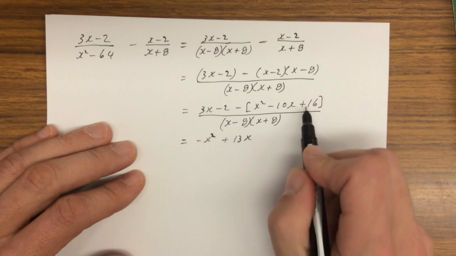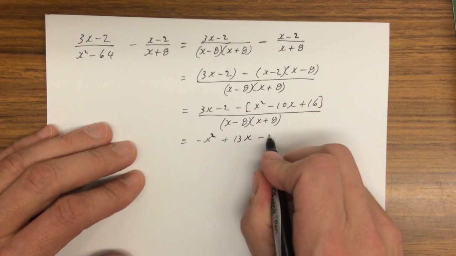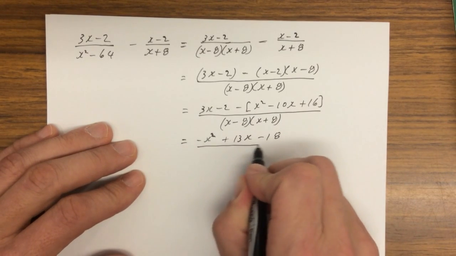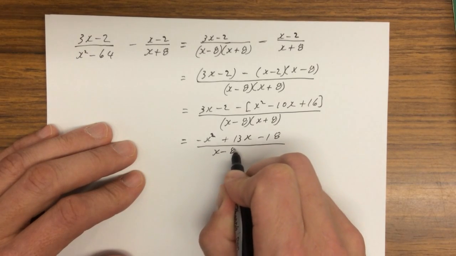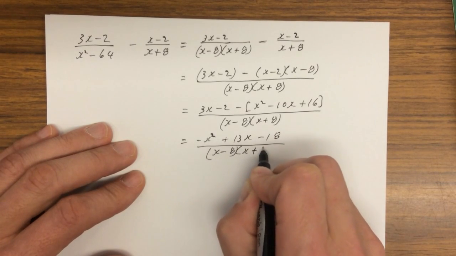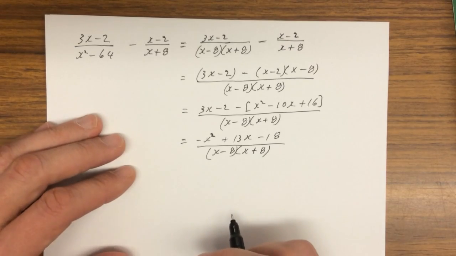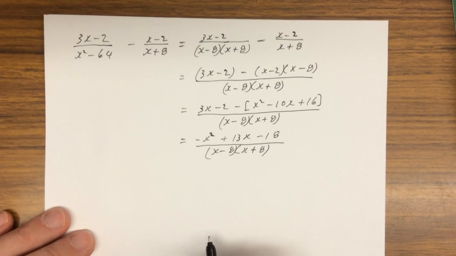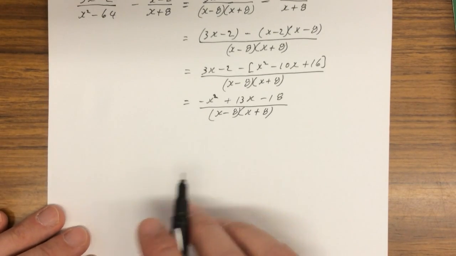Negative 2 minus 16 is going to be minus 18 over x minus 8, x plus 8. Okay, so that's that one.